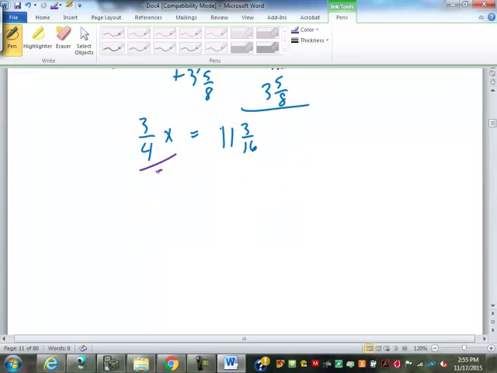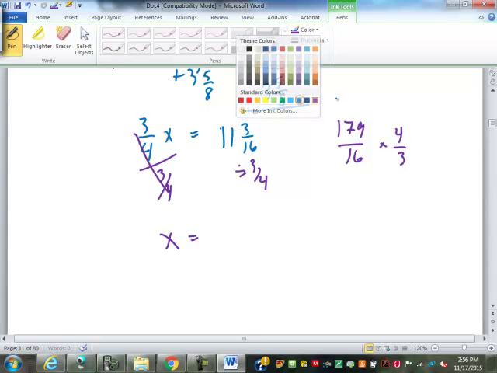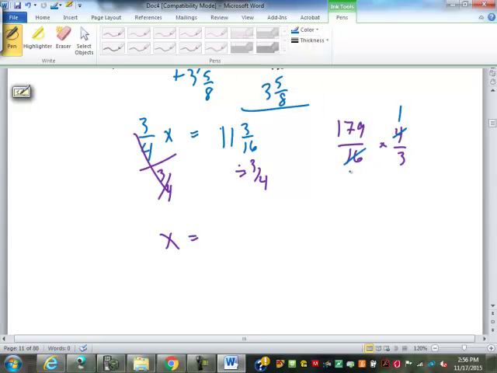Now we're going to divide by the 3/4, and you're going to need it as an improper fraction anyway. So 11 and 3/16, 11 times 16 is 176. So yes, it's 179 over 16. Divided by 3/4 is going to be times 4 over 3. 16 and 4, 1 and 4.